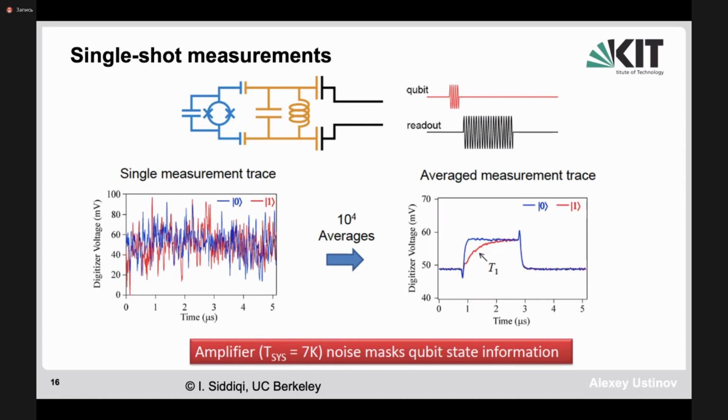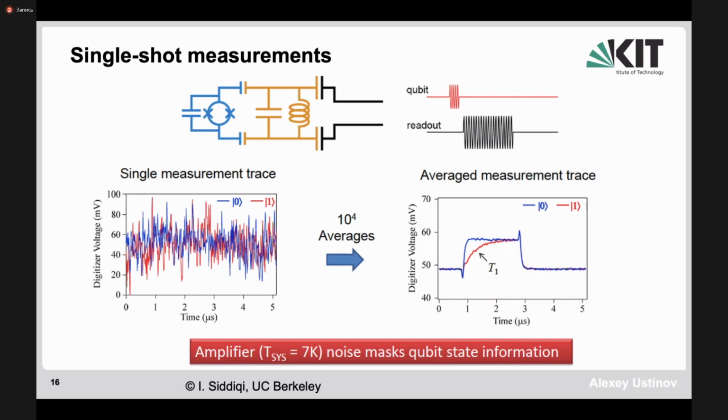For example, if you excite the qubit by a pi pulse from state 0 to state 1, the qubit will slowly relax from state 1 to state 0, and therefore the contrast will decrease. The largest contrast is in the beginning of this pulse, and that means you want to couple the qubit strongly to be able to measure in a short time in order to discriminate state 0 and state 1 in the readout.